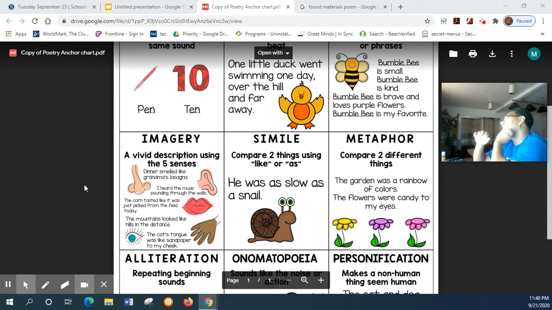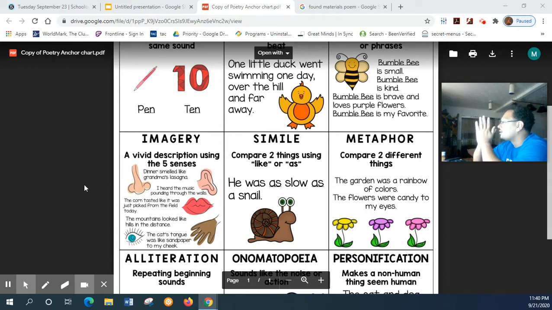He was as slow as a snail, right? Now we know this because when we see words like or as, those are key identifiers for a simile, correct? Yes, it is.